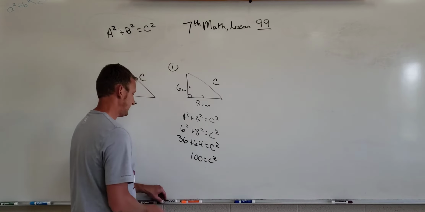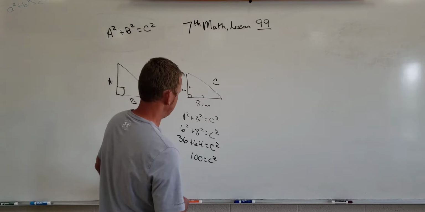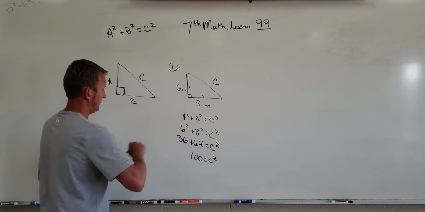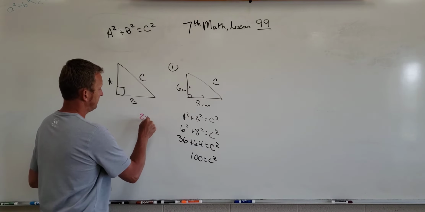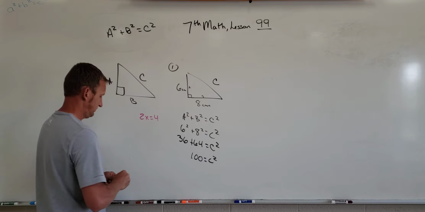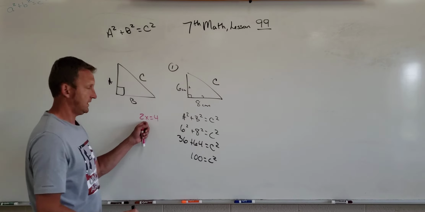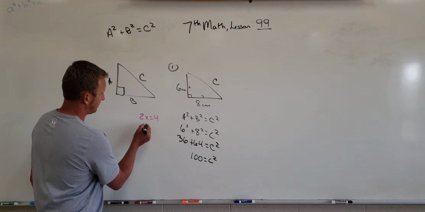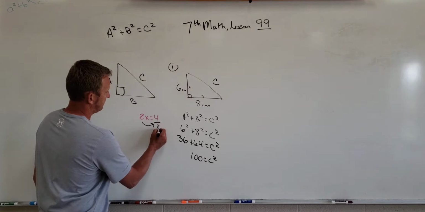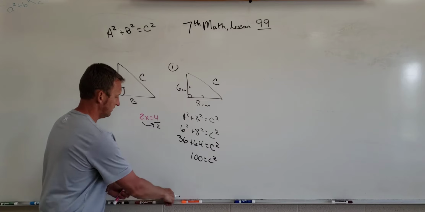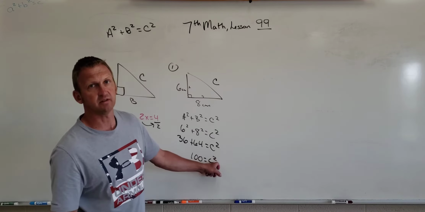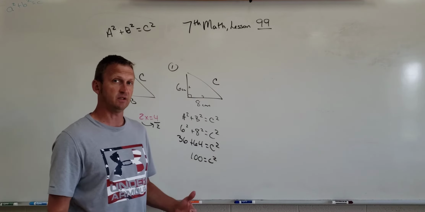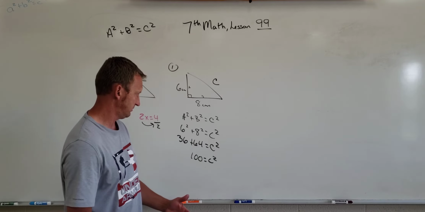Now, think back to solving for x. If I have 2x equals 4, and I'm trying to solve for x, I am multiplying here. So I'm going to take that 2 across and do the opposite, which is divide. Here, the opposite of squaring something is to take the square root.